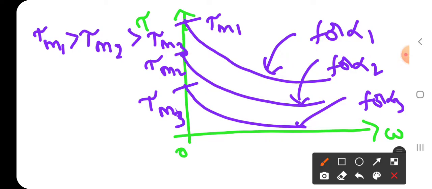So alpha 3 is greater than alpha 2, which is greater than alpha 1.